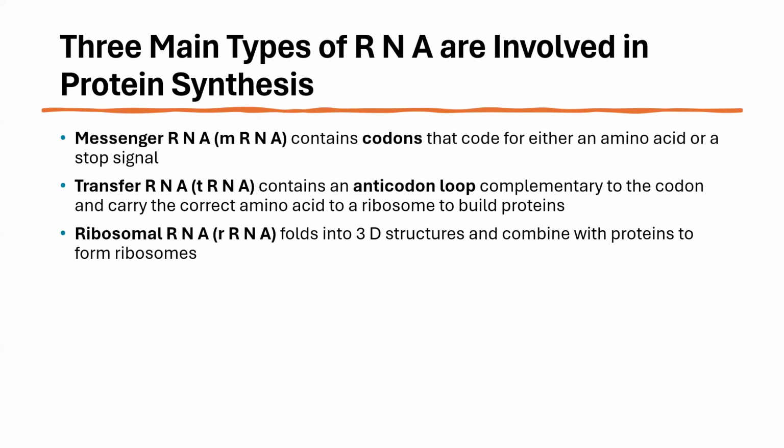So the tRNA contains an anticodon, and it's complementary to the codon. So codon binds to anticodon. And the tRNA recognizes that codon on the mRNA, but it brings in an amino acid as well. And so it brings that amino acid into the ribosome, and it attaches it to the growing amino acid chain.